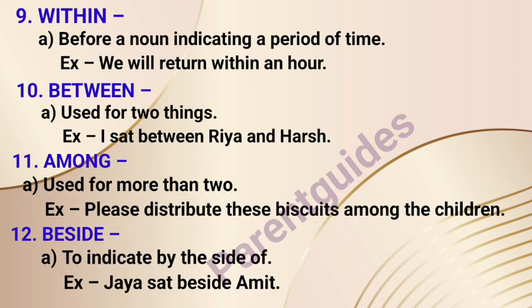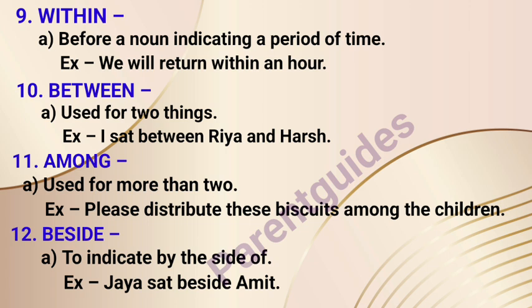9. Within. A. Before a noun indicating a period of time. Example, we will return within an hour. 10. Between. Between is used for two things. Example, I sat between Ria and hers. 11. Among. Among is used for more than two.